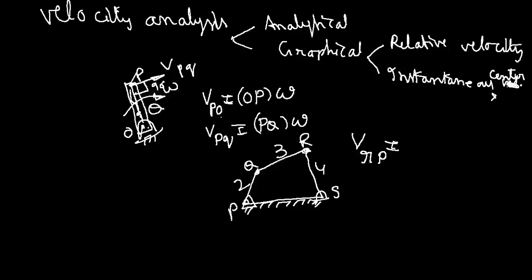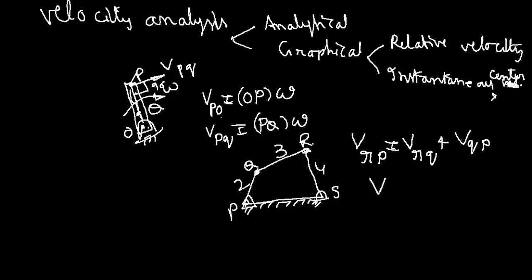Between point R and point P, there is a point Q which is also under motion. So VRP, the velocity of point R with respect to P, can be taken as the velocity of R relative to Q plus the velocity of Q with respect to P. This is what is known as the relative velocity method.